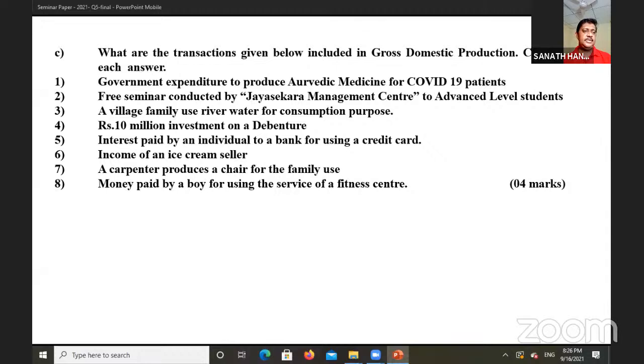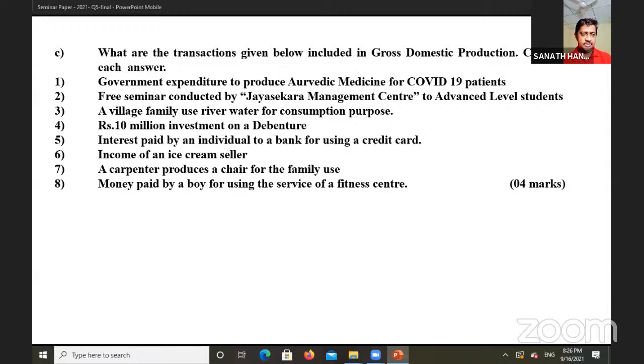This is a government expenditure to produce a certain commodity to be given to the people. So this comes in national income. That's a production of a certain good, so it comes in GDP, within the production boundary.